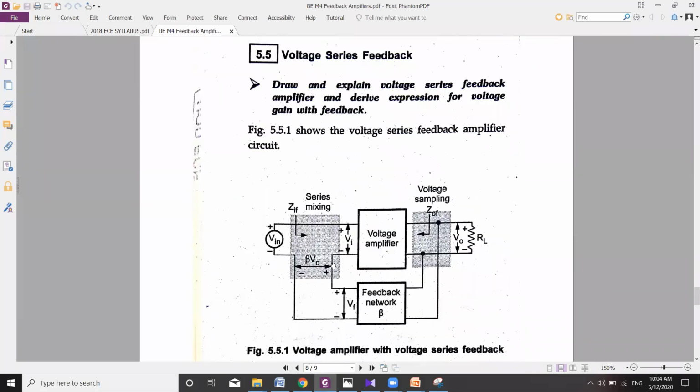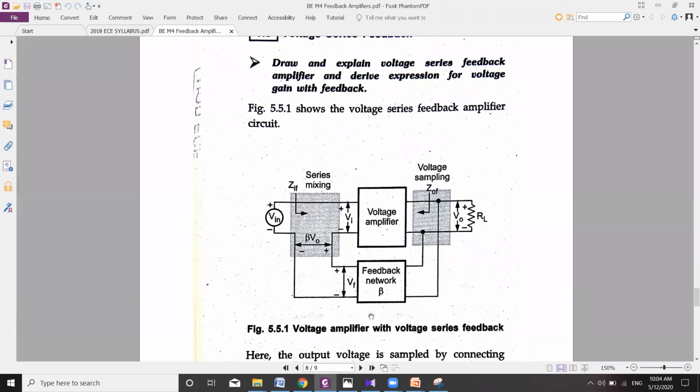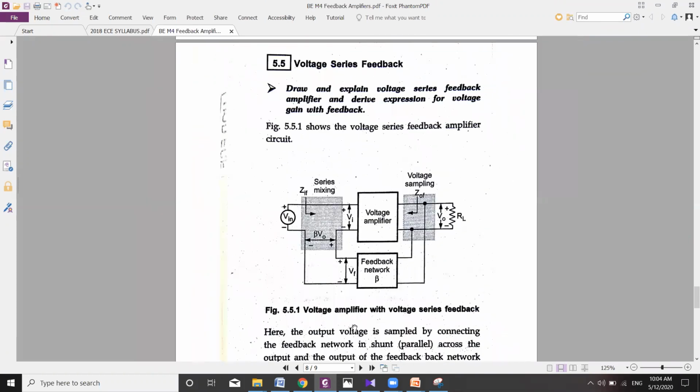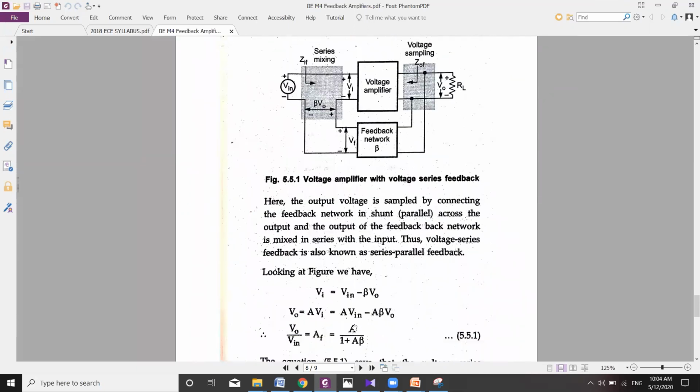This is the figure showing the voltage series feedback. Part of the output is given to the feedback network, and the output of the feedback network, VF, is given in series with the input voltage. That is what is called a voltage series feedback network. Let us go into the details.